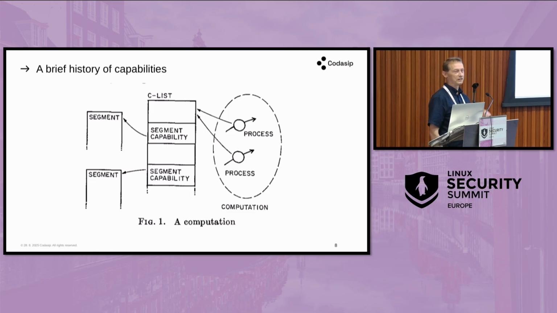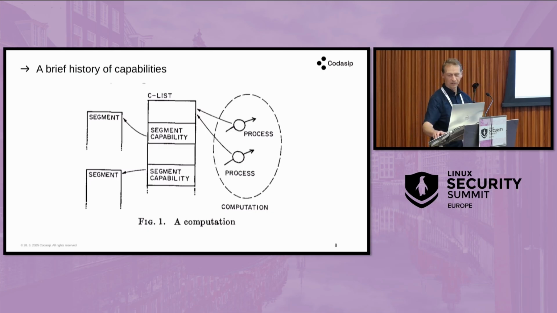Now, the way it was conceived at the time was they had a list of capabilities that each process had access to, called the capability list or C-list, and then an indirection to the resources. So in the case of memory, there was an indirection through the C-list table to the segment table, as it was.